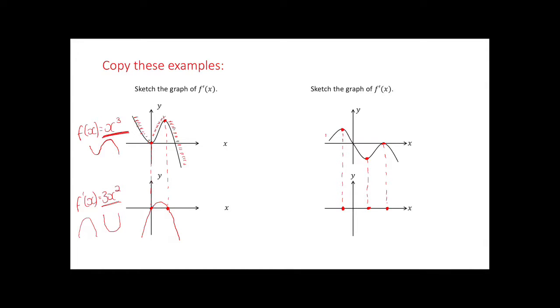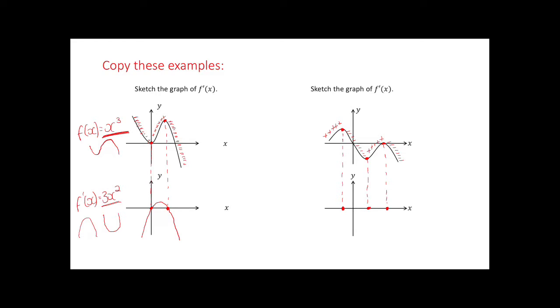So up until this first turning point, we have a positive gradient. It then goes to a negative gradient between the first 2 turning points, becomes positive again between the second and third, and then it becomes negative at the end after that last turning point. So remember, if it's positive in your original graph, it means it lies above the x-axis in your derived function.